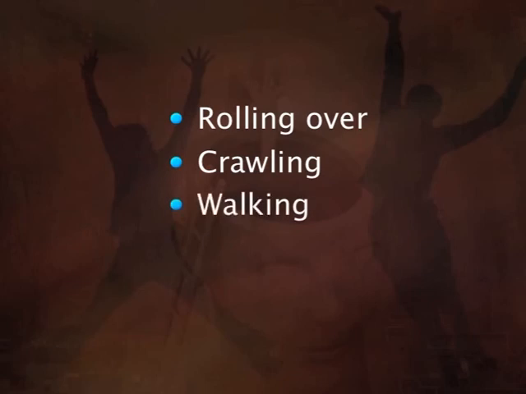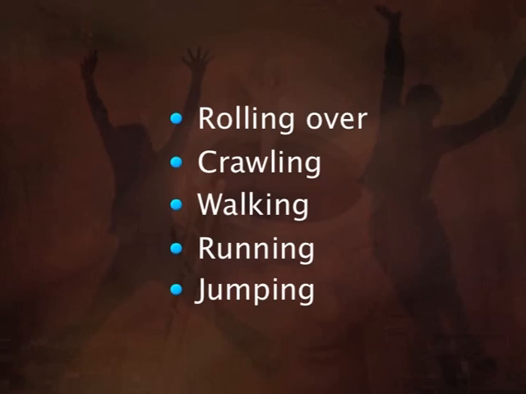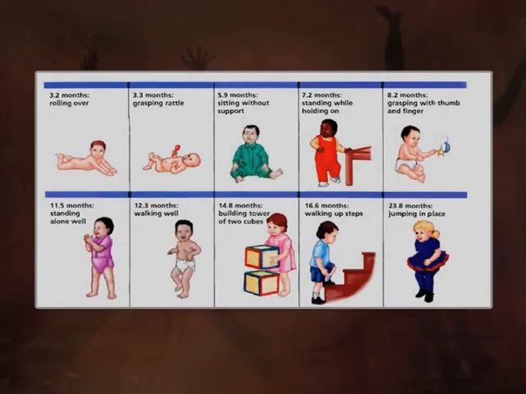Activities like rolling over, crawling, walking, running, and jumping are examples of gross motor skills. These skills usually involve using the entire body or several parts of the body at one time. Now on the screen you will see pictures of various stages of gross motor development.